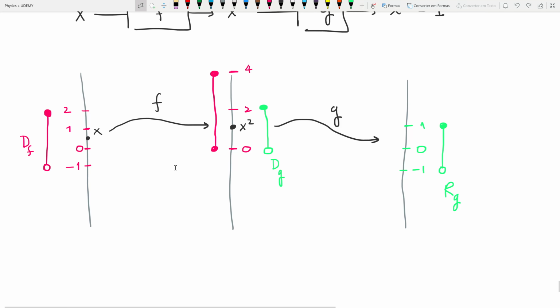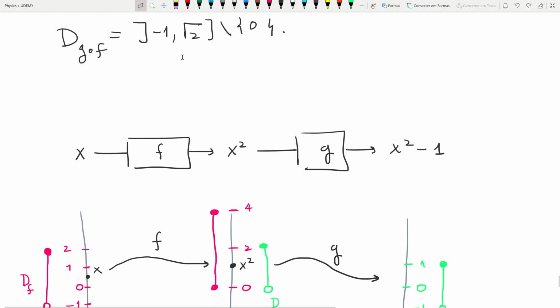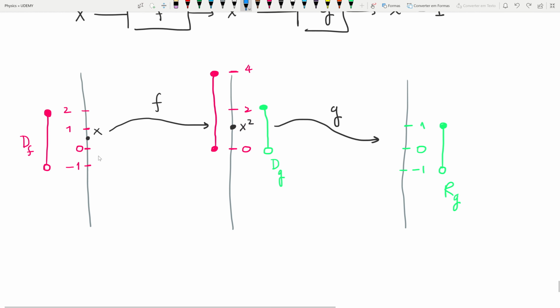Now, from this diagrammatic point of view, what does it mean, the calculation of the domain of the composite function that we have just done? First, recall the domain here. It's done here, so let's represent it from -1 up to the square root of 2, excluding the 0. So from the -1 open, excluding the 0, so it's open again, up to the square root of 2 here.